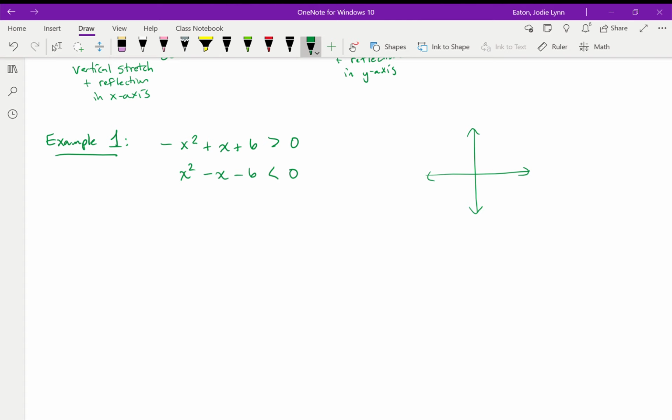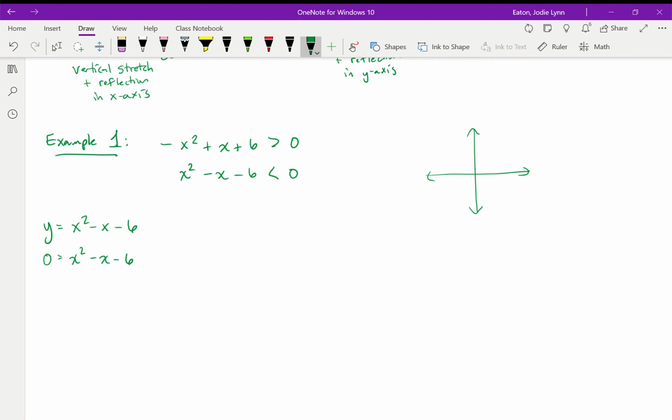So I'm going to try to find the roots of this parabola. If I think of this as a function, y equals x squared minus x minus 6, the roots of this parabola are where 0 is equal to x squared minus x minus 6.